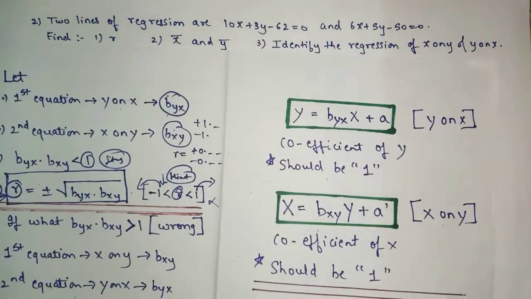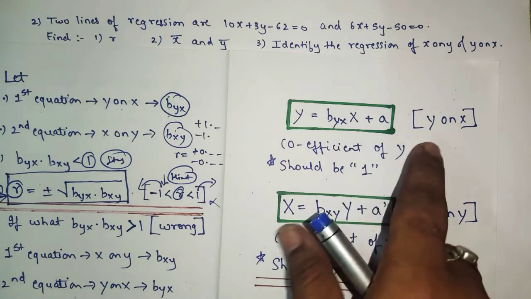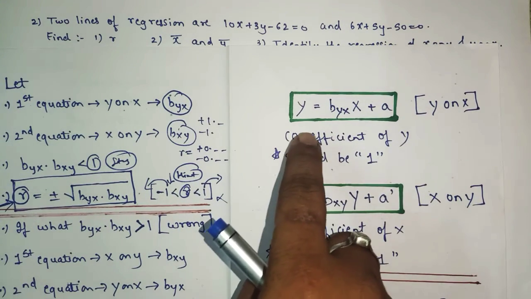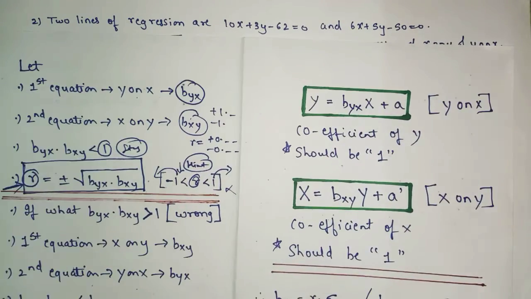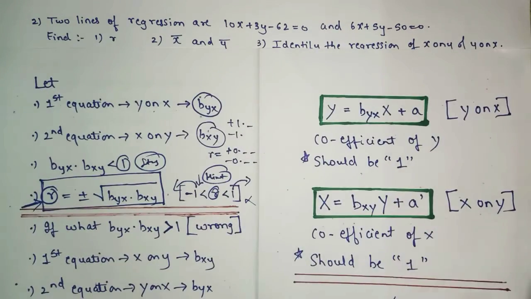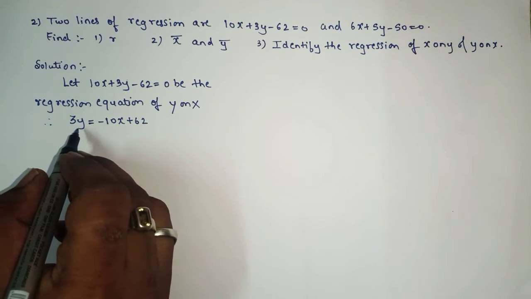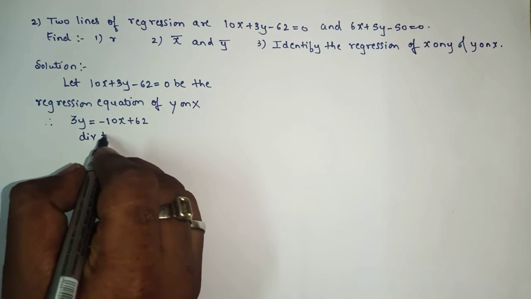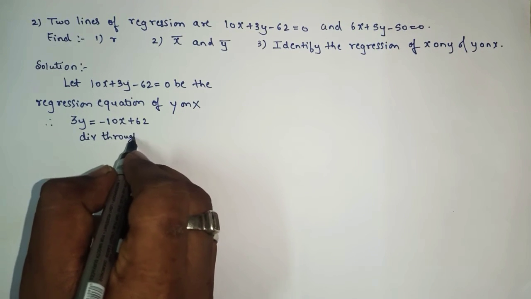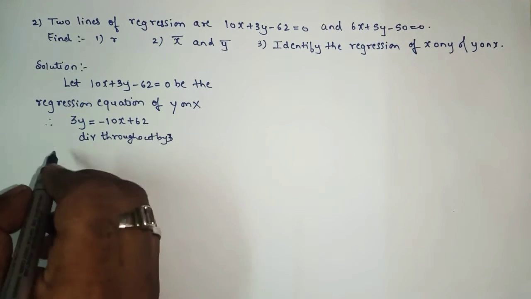As we know, we have to make the coefficient of y and x as 1 whenever you convert a regression equation, y on x or x on y. Remember this, you have to make the coefficient as 1. So here if you want to make the coefficient of y as 1, we'll divide throughout by 3.